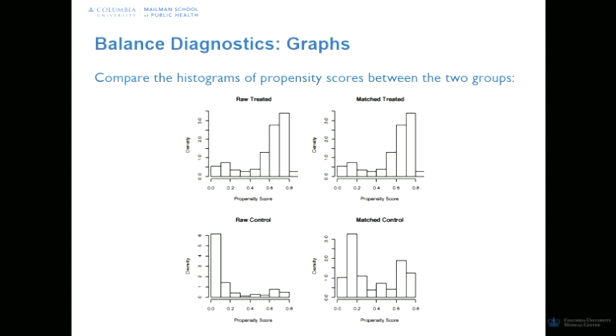So what would you do in this situation? I intentionally put this less than perfect example to see what you would do. Number one, go back. Maybe you didn't include enough covariates. Think of other confounders that you have not thought of and redo the matching.